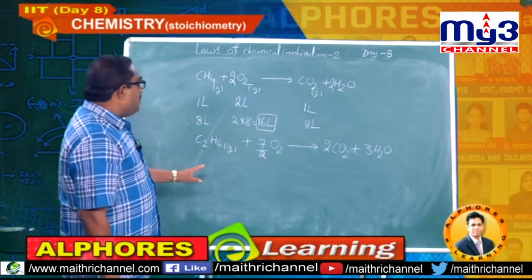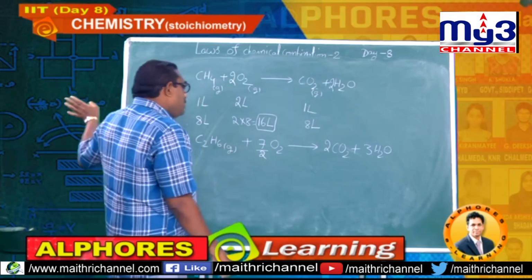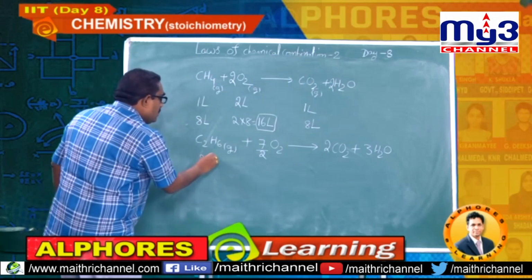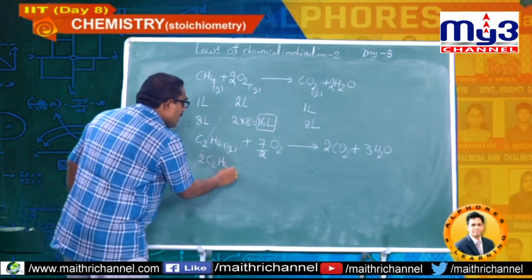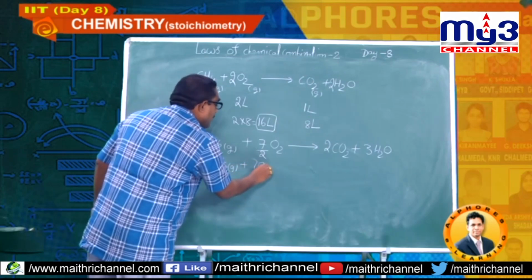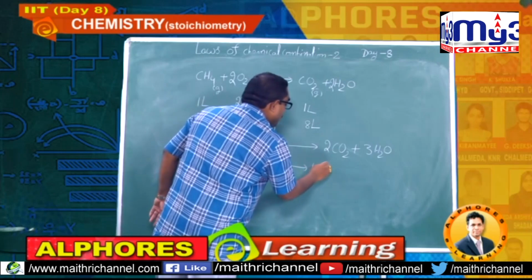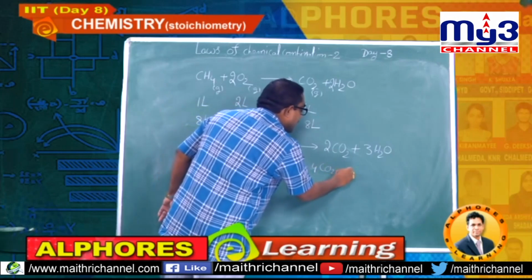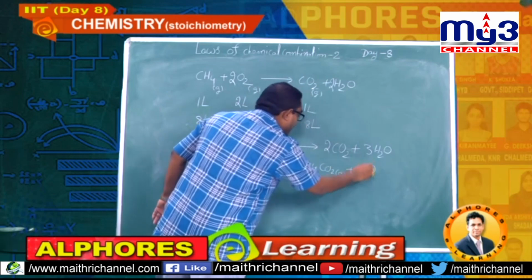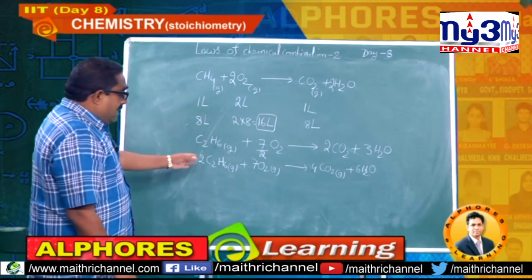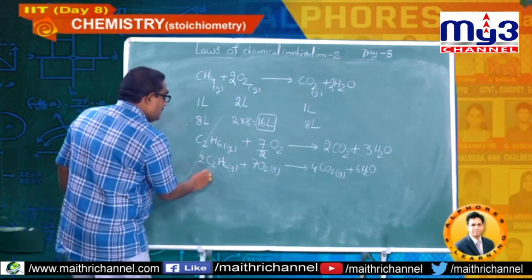If you don't want to write a fraction, multiply the entire equation by 2, no problem. So 2 C2H6 gas plus 7 O2 gas, 7 moles, gives 4 moles of carbon dioxide and 6 moles of H2O. Write it down.